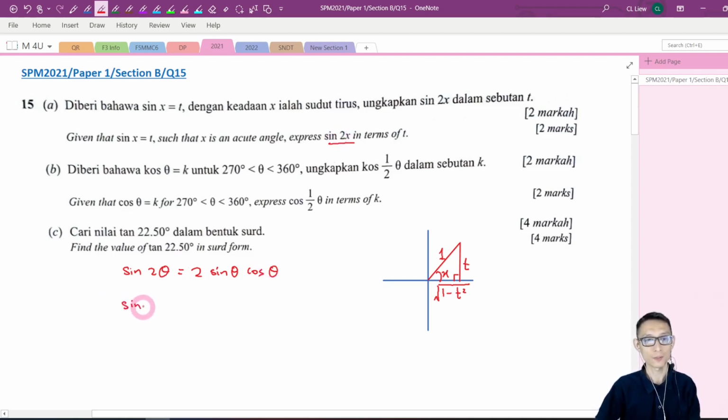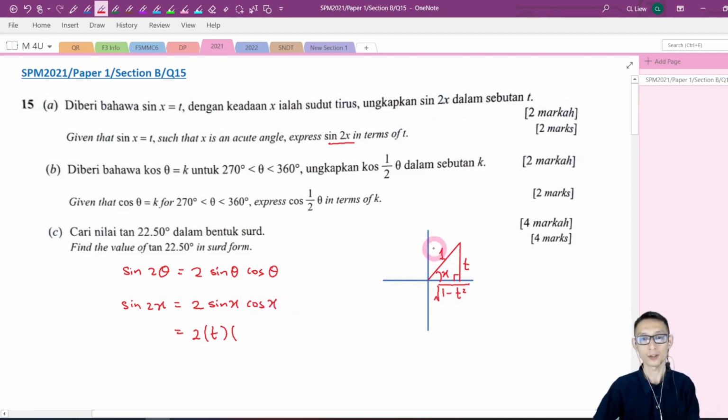So sine 2x is equal to 2 sine x times cosine x. Just copy sine x given by the question, which is equal to t. So 2 times t times cosine x. Cosine is equal to adjacent divided by hypotenuse, CAH.